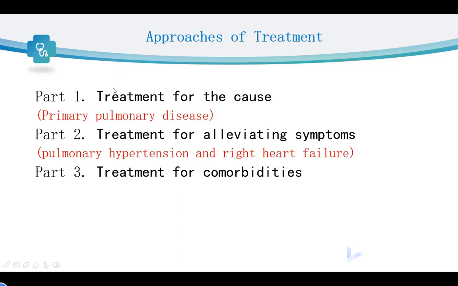Part 1, treatment for the cause. For this patient, that means the treatment for the primary pulmonary or thoracic disease. Part 2, treatment for the symptoms. That means the treatment for pulmonary hypertension and right heart failure. Part 3, treatment for the comorbidities.